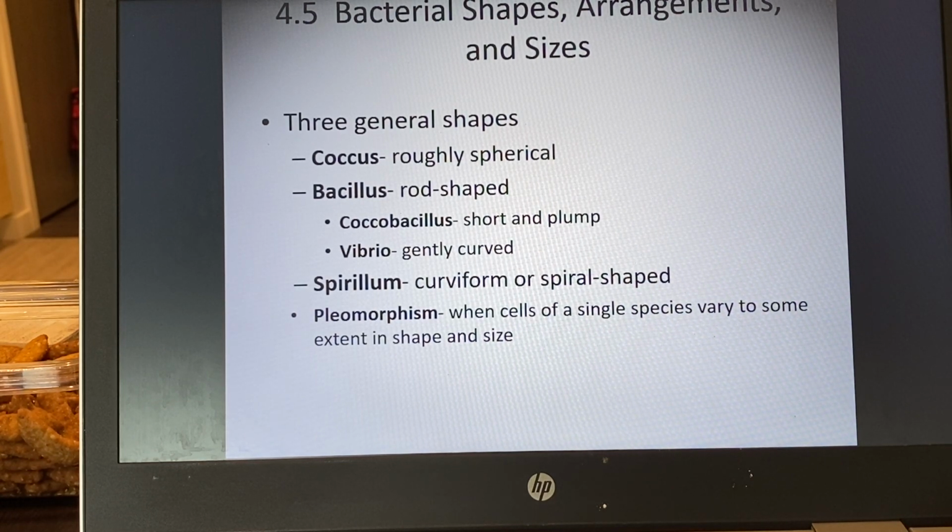Maybe from 0 to 24 hours, they are cocci if you look at them under the microscope. But as they get older, they elongate and they look like rods. Or you may have a bacterial species that is a rod from 0 to 24 hours if you were to do a slide and do a gram stain. And then for some reason, after 24 to 48 hours, it contracts and now it looks like cocci.